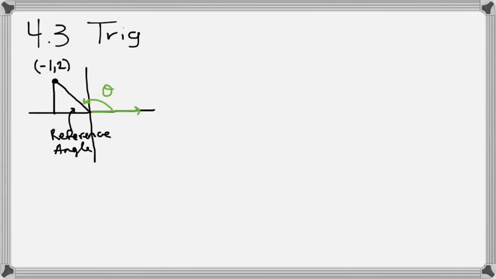In other words, we're going to refer to this little triangle that gives me information about the bigger theta in green. The best part about this is that if I know the triangle that this little theta makes, then I know what the big theta is. And so it doesn't matter. What are the side lengths of this triangle? This is -1. This is 2.